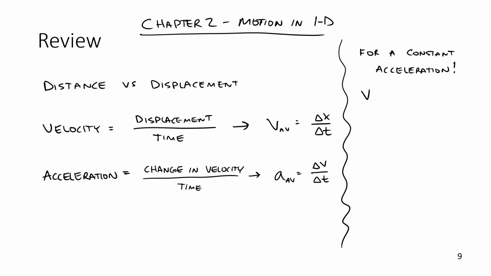Chapter 5 was energy. So in this chapter, we talked about work and energy. What does work mean? Work was the ability for you to force something and make it move.